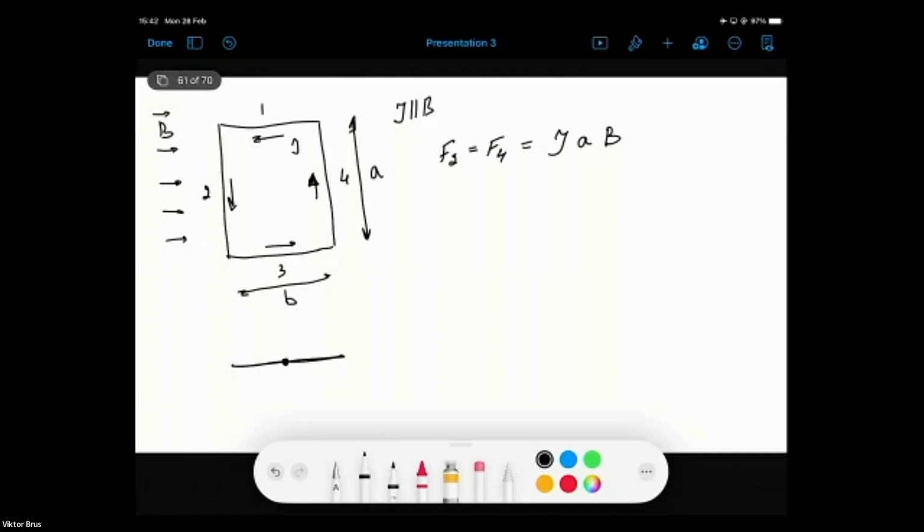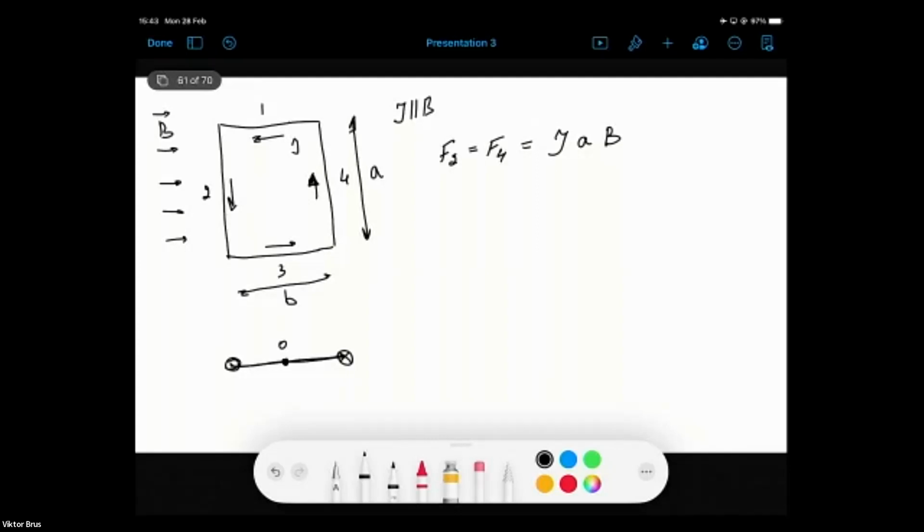And consider that it's fixed at some point O in the middle, so it can rotate about an axis which goes through this point O. Here, the electric current will go out of the plane of the image, and here the electric current will go into the plane of the image.